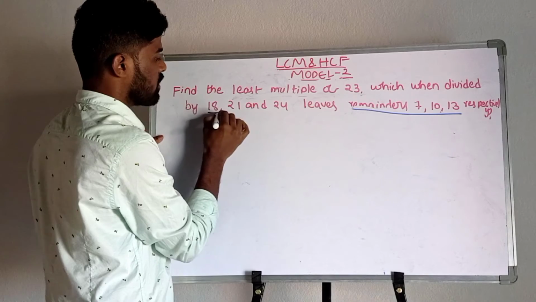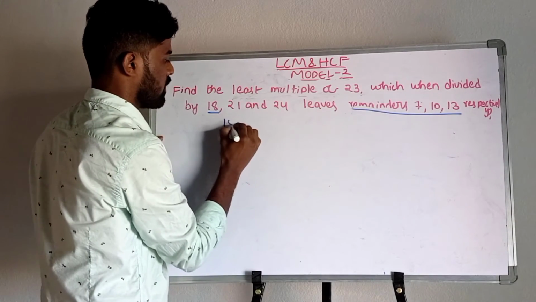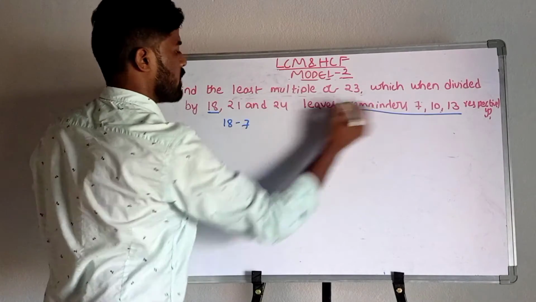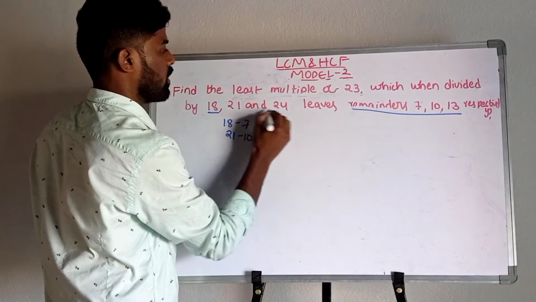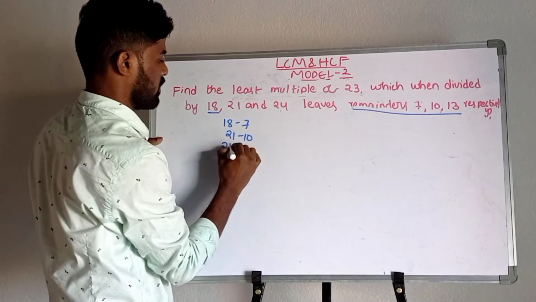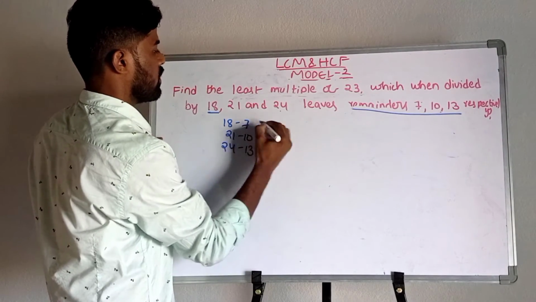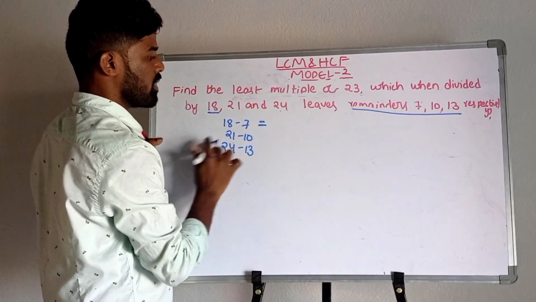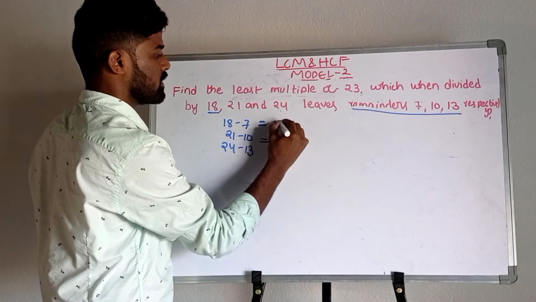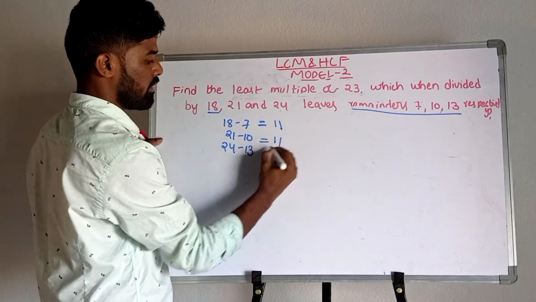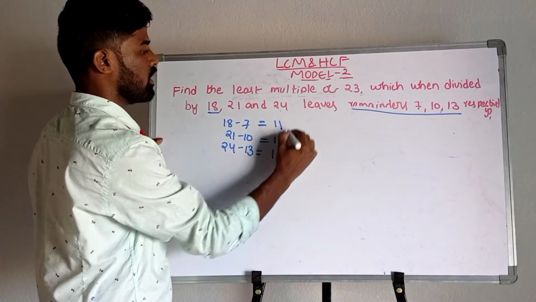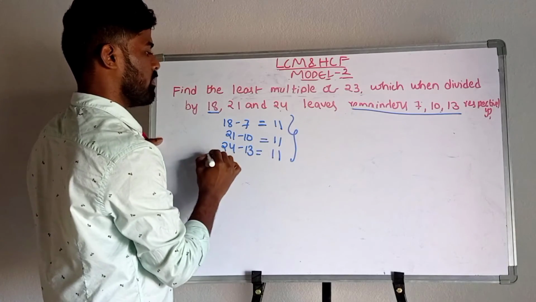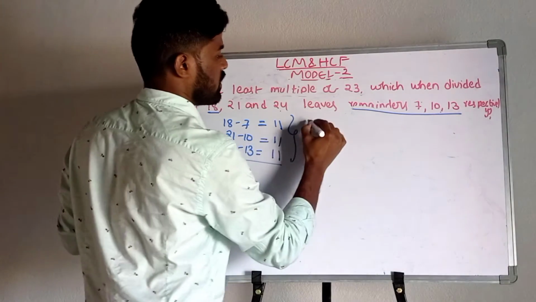First we observe 18 minus 7, 21 minus 10, 24 minus 13. Here 18 minus 7 is 11, 21 minus 10 is 11, 24 minus 13 is 11. The differences are the same in all 3 cases.